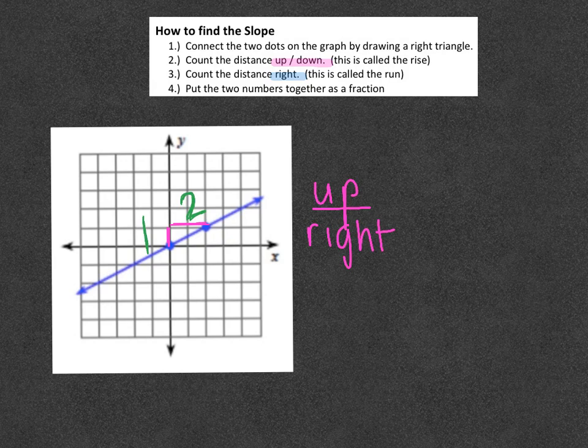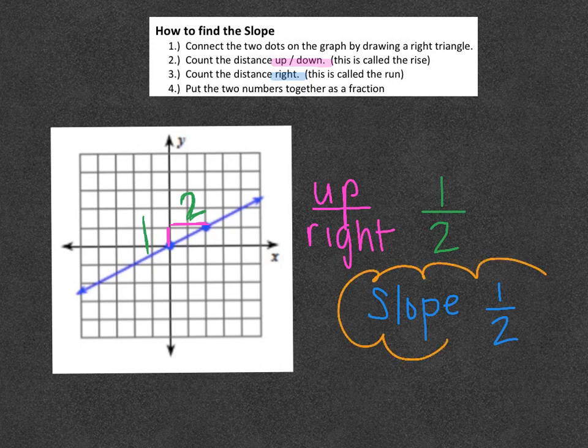The amount I went up was 1. The amount I went sideways was 2 to the right. 1 over 2 can't simplify, so that's going to be the final answer. The slope of this graph is just 1/2. And it's positive because it's going up.